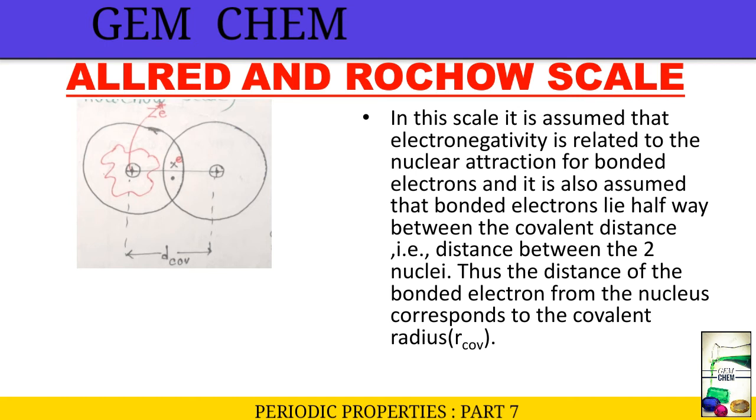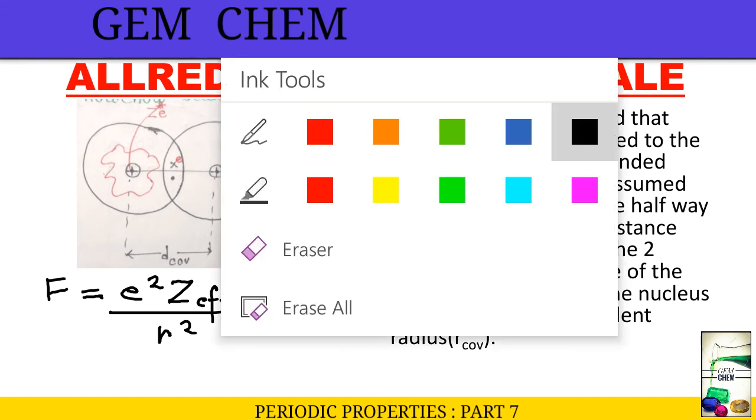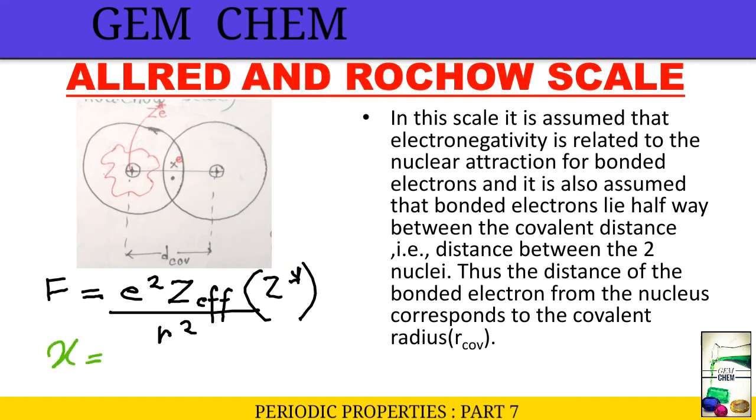They defined electronegativity as the attractive force between a nucleus and an electron at a distance equal to the covalent radius, and this force was given by this formula, that is F equals E square Z effective, or we can write it as Z star, this is optional, divided by R square, and the proposal was chi is a function of Z star E square by R square. Okay.